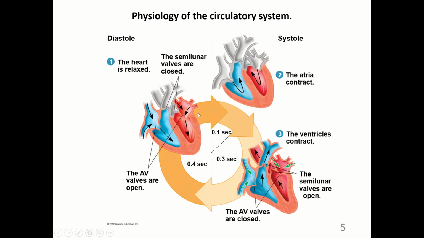The heart has 4 chambers, 2 of which receive blood, which are the atria, and 2 of which send blood to either the lungs or the rest of the body, and those are the ventricles.